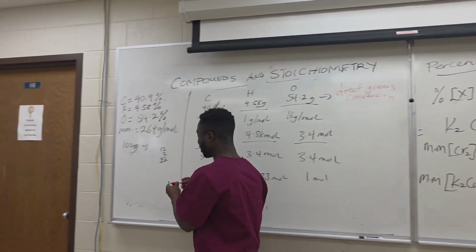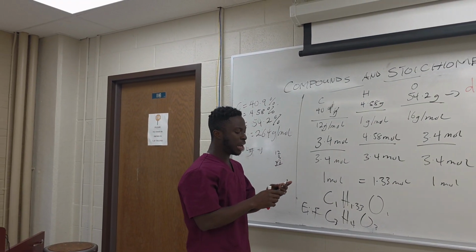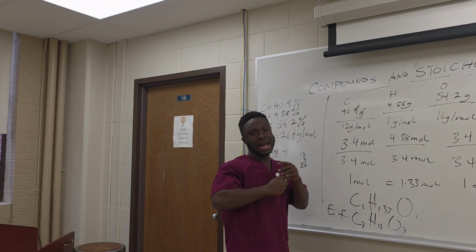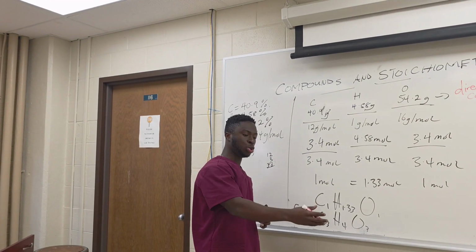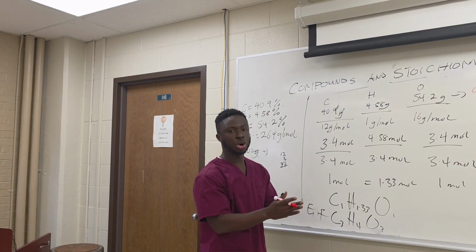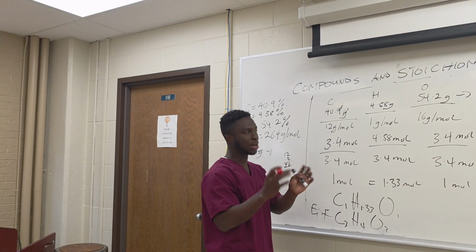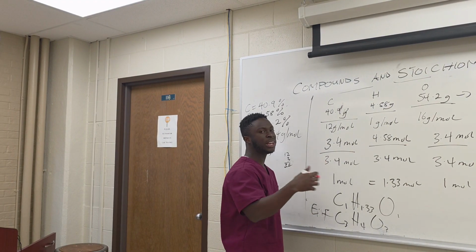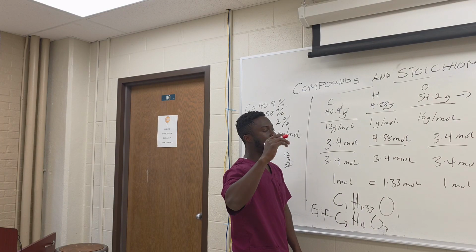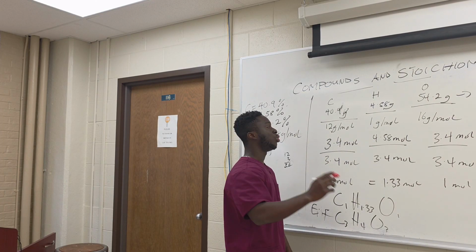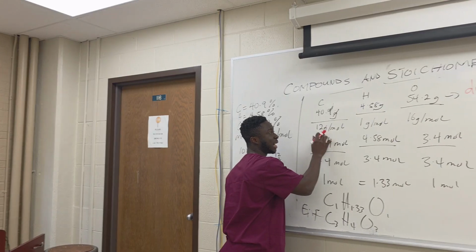Now, once we have converted them into grams, we need to also convert them into moles. Remember that we said that moles are what matter in a compound, like the mole to mole ratio of how the elements interact with each other. So to convert them into moles, we need to divide each by their respective atomic mass or atomic weight, which is measured in grams per mole.